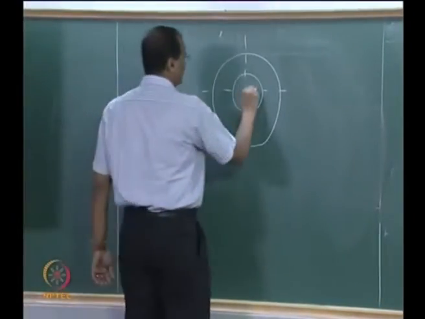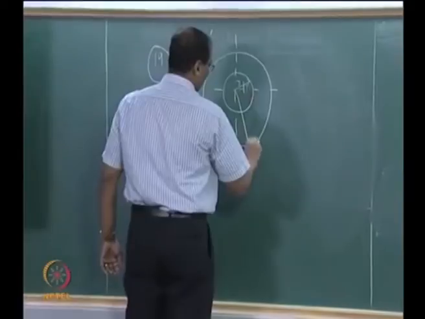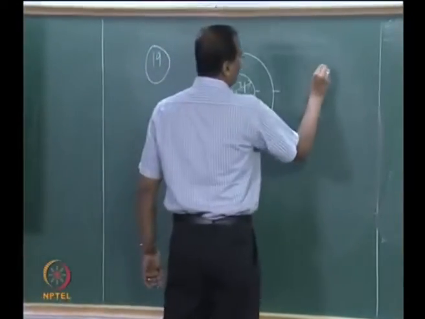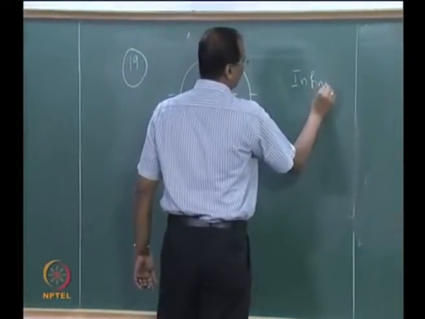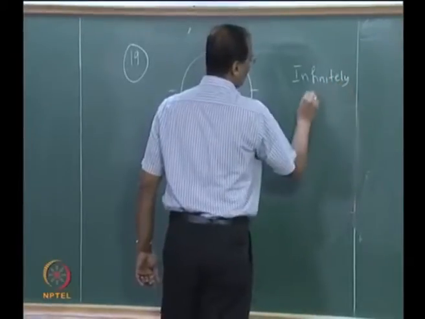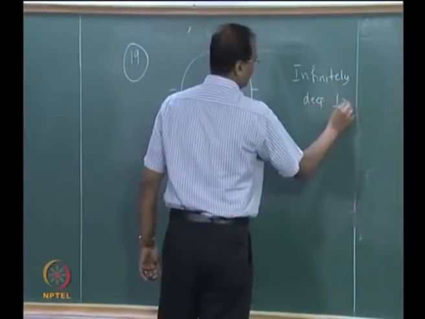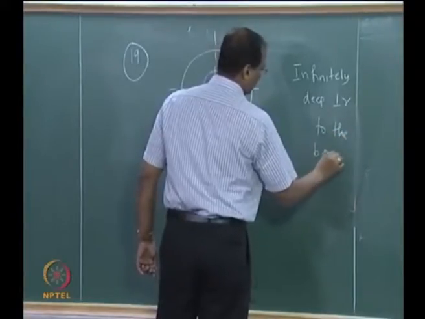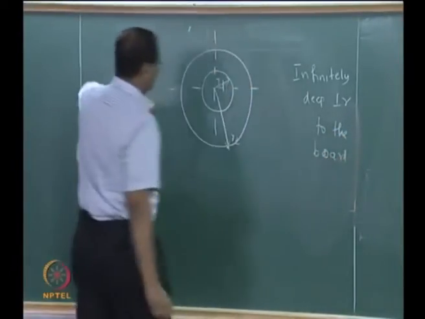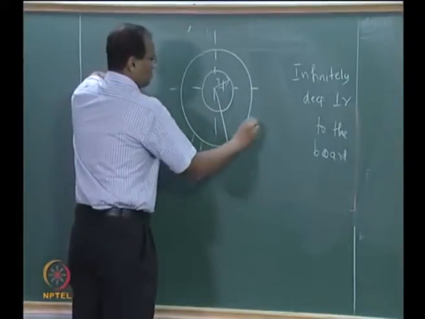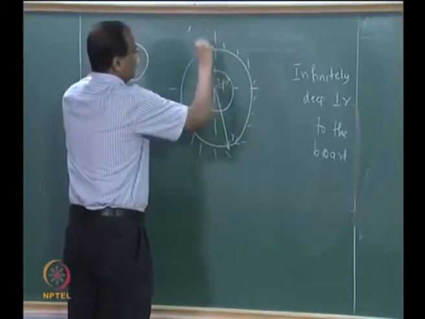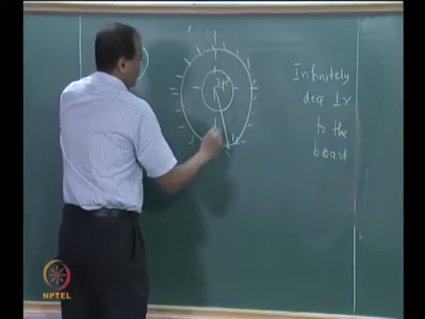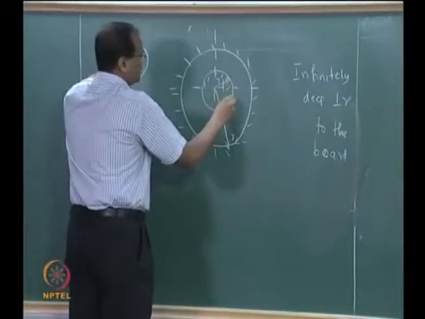So the inner radius is r1, the outer radius is r2, infinitely long. Do not worry about the radiation activity on the outside of surface 2, do not worry about the radiation activity on the inside of surface 1.